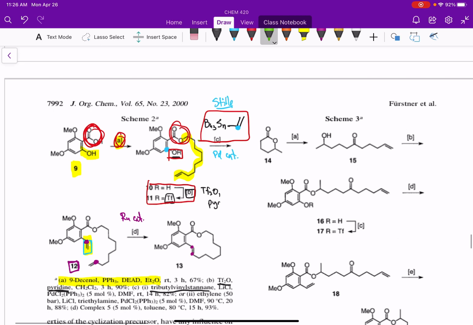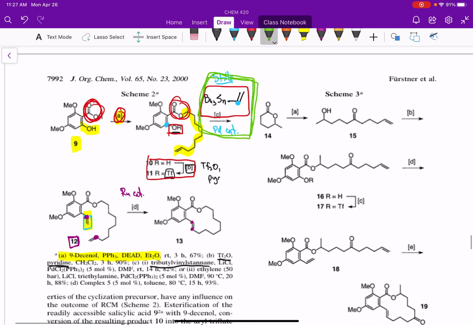Step 3, we'll do in green, they did the Stille, which converts this O-triflate into the alkene. And then they finally used the ruthenium catalyst to couple these two reagents together.